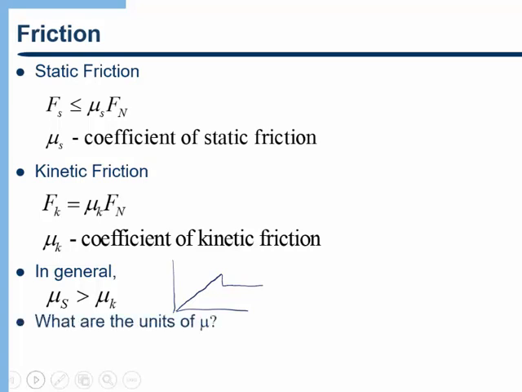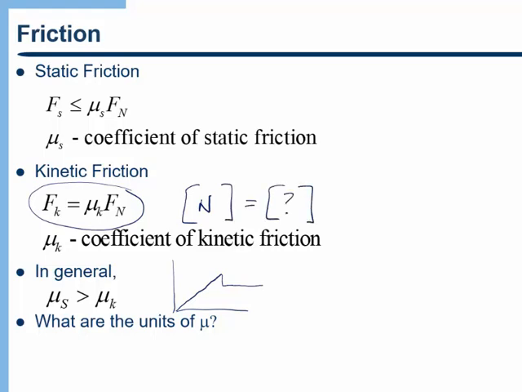What are the units of mu? So take a look at one of these formulas and see if you can figure out what the units are. Well, you'll notice that we have units of newtons for friction. We're trying to figure out what the units of mu are. The units of the normal force are obviously also newtons. And so you'll notice that mu doesn't have any units.